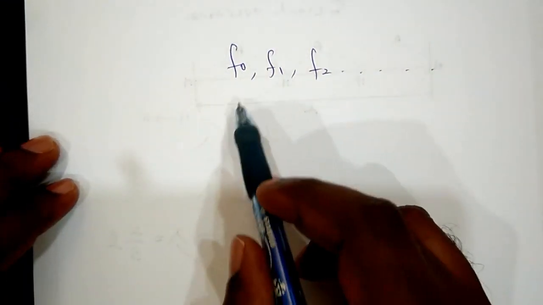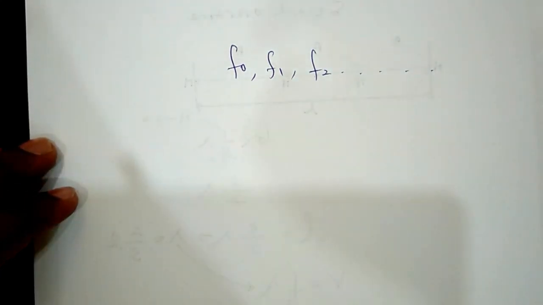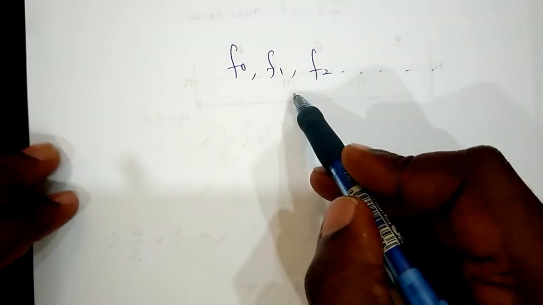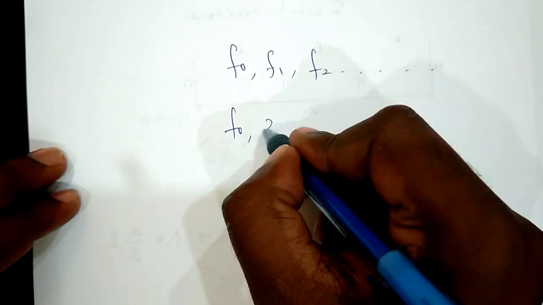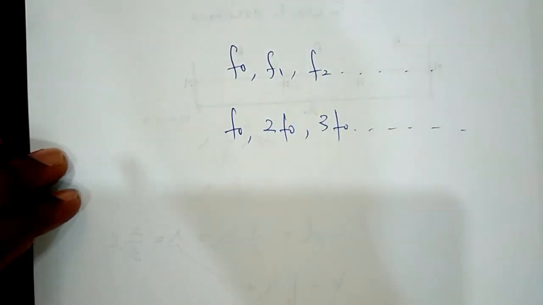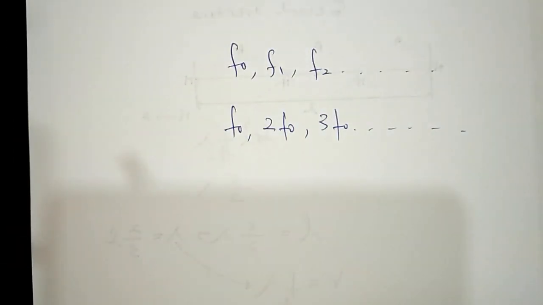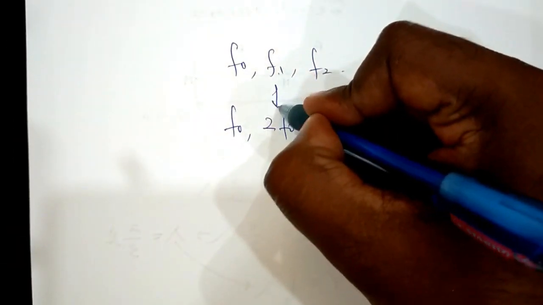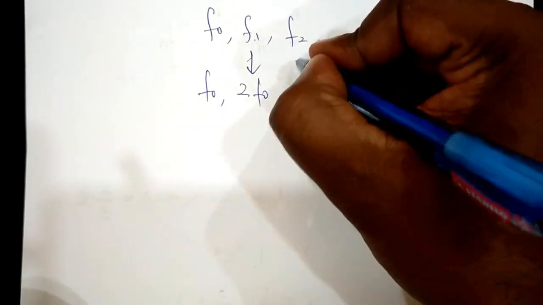If you want to put all of these in terms of the fundamental frequency, F naught, F1 will be 2F naught, F2 will be 3F naught, and so on, because F1 is 2F naught, and F2 is 3F naught.